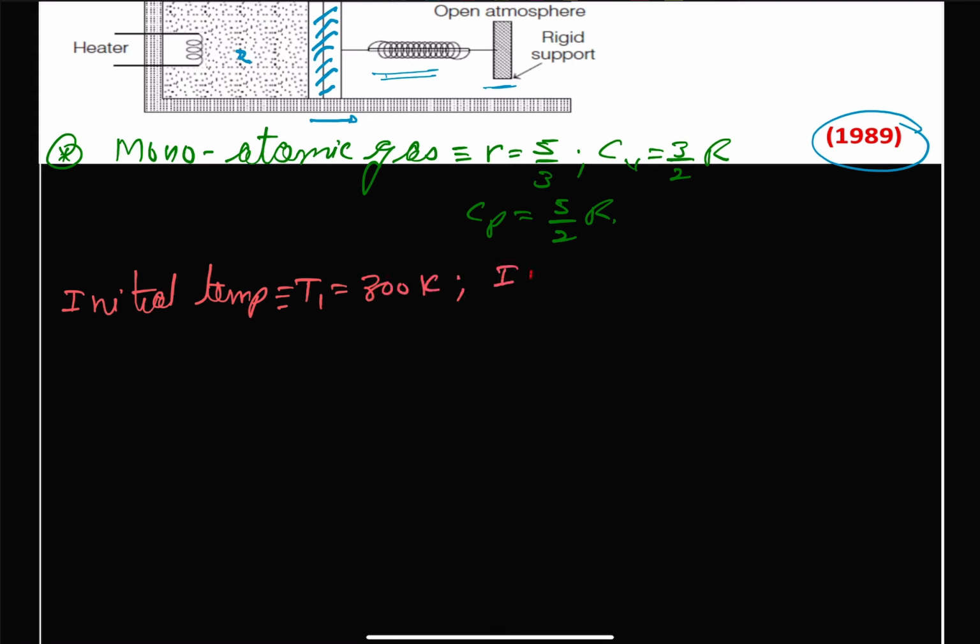Initial volume V1 is 2.4 into 10 to the power minus 3 meter cube.